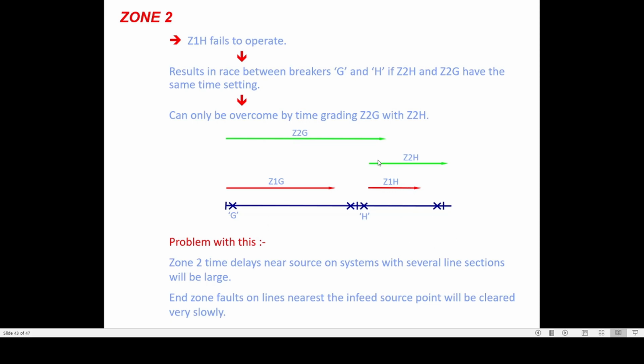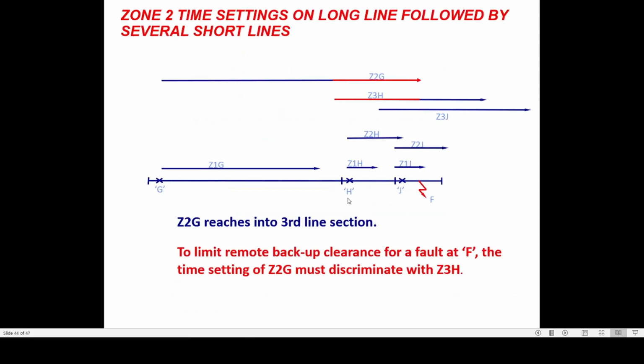Because if you keep on coordinating zone 2 of the upstream line with zone 2 of the downstream lines, then the zone 2 of the relays nearer to the source will have larger time delays if there are more line sections. And then end zone faults on the line nearest the infeed source point will be cleared very, very slowly. That's why zone 2 of G is not coordinated with zone 2 of H.